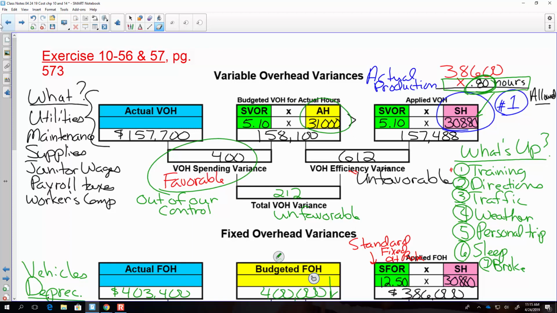Way on the right, correct? The top right number. So this is the number we're going to use, the 157,488. What account is it applied to? Which one? B. Yeah, very good. Excellent.